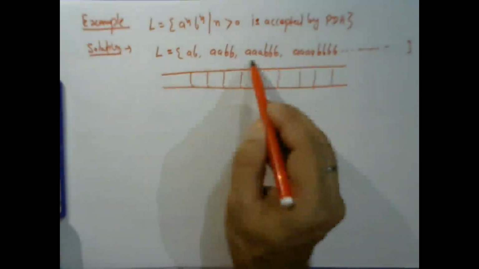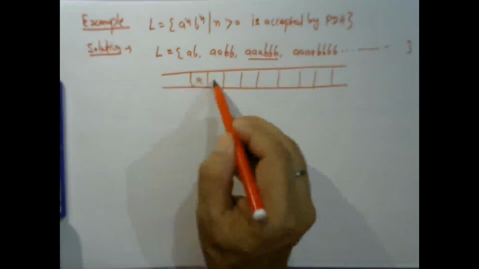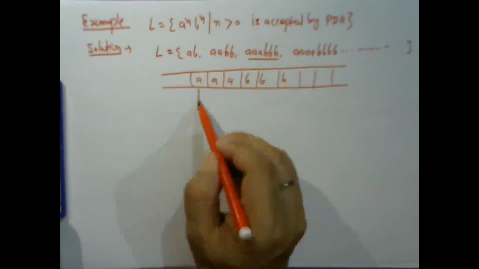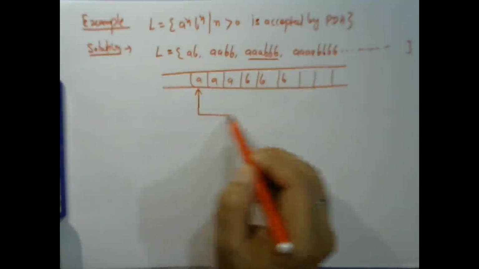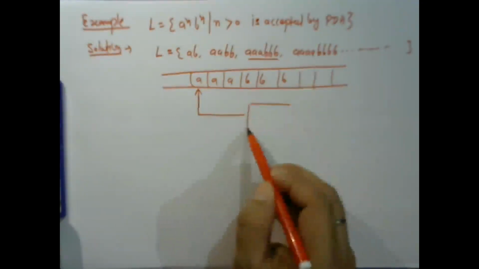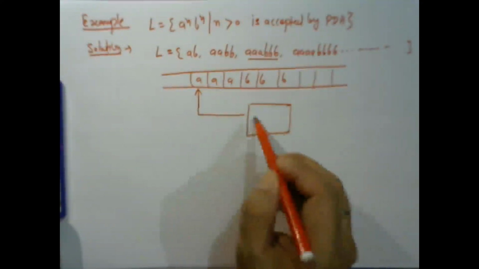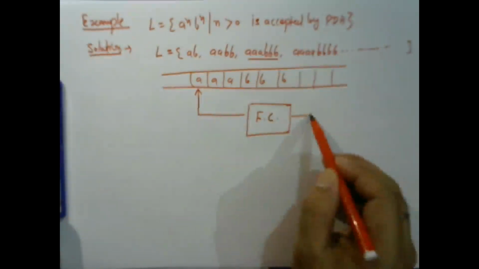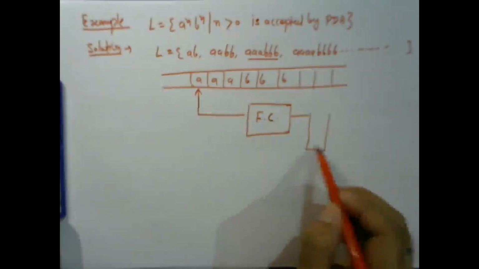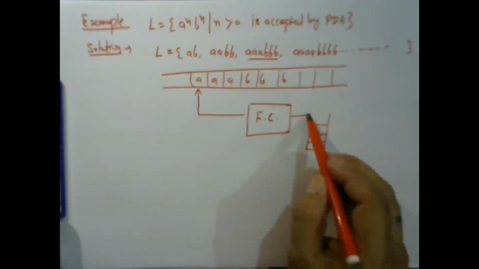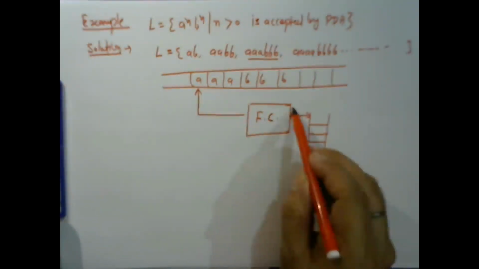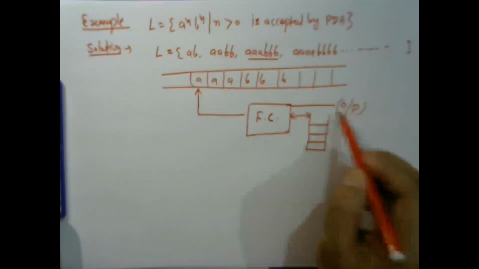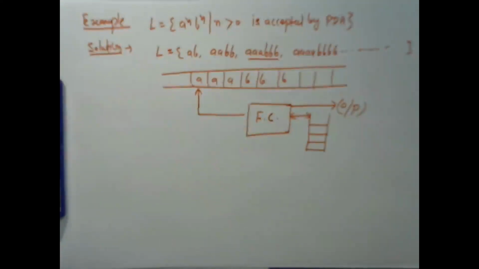Suppose we are using the string AAABBB, and there is a finite control with a read head, and there is a stack, and there is an output operation which you have to perform.